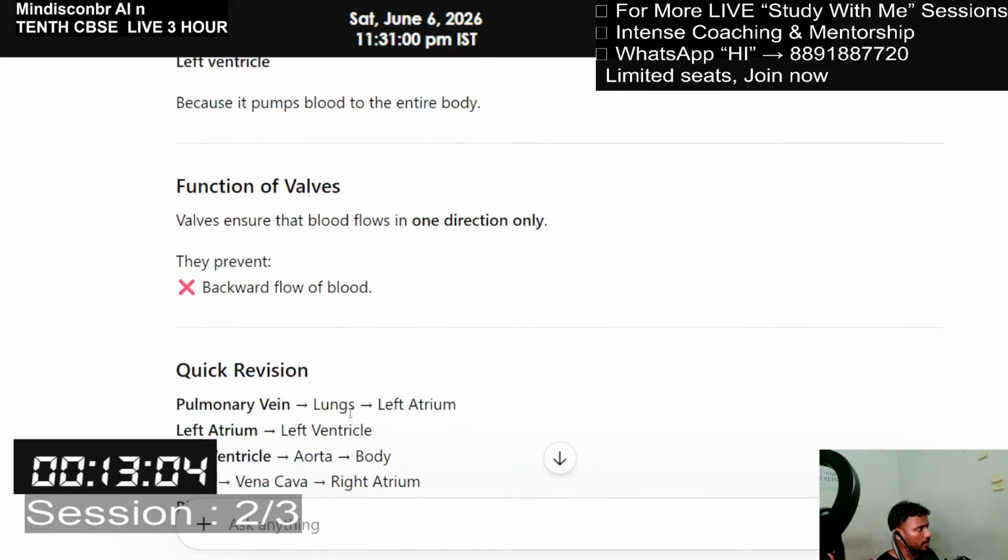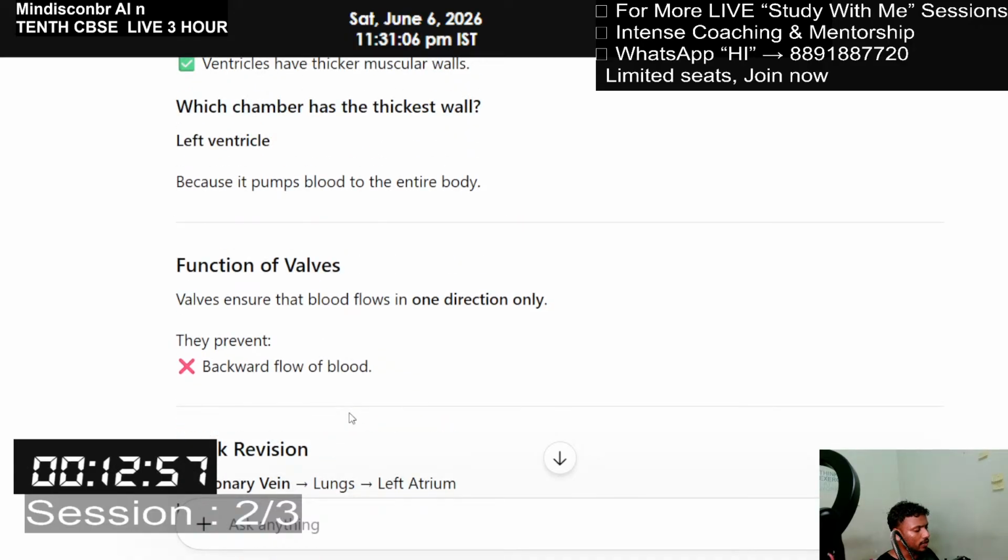And coming to the function of valves, valves ensure that blood flows in one direction only. What is the function of valves? Valves help blood flow only in one direction, that is, it cannot flow back. It can only move in one direction.